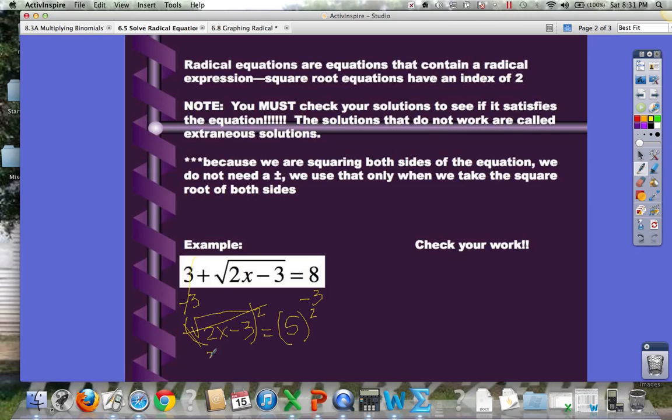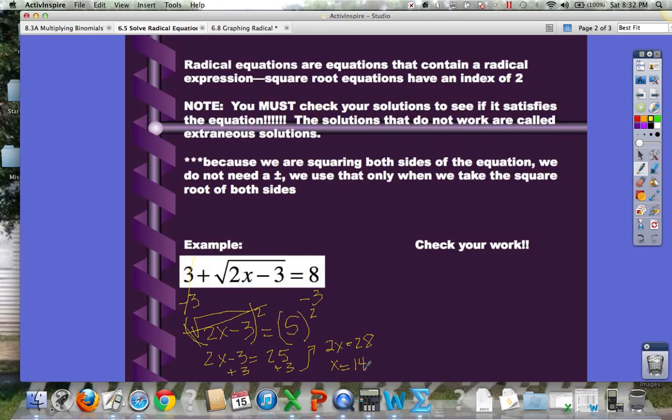So you just are left with 2x minus 3 equals, and 5 squared is 25. Now you have a very simple algebra problem. Adding 3 again, and I'm going to move this up here. So you'll have 2x equals 28. And then you're going to end up with x being 14.